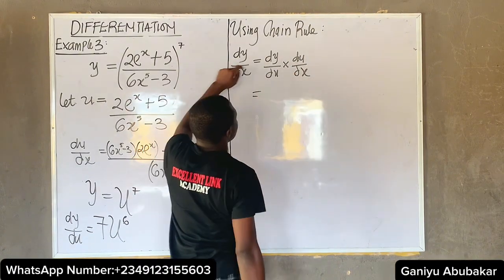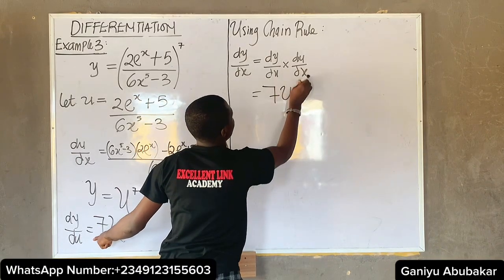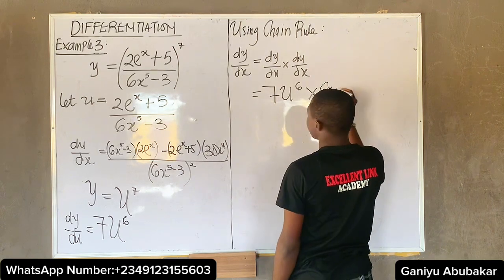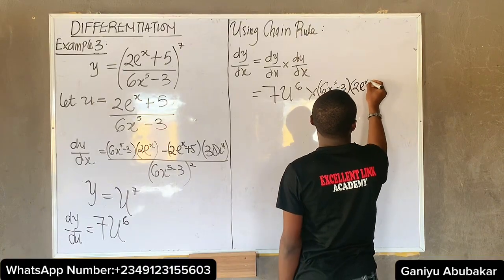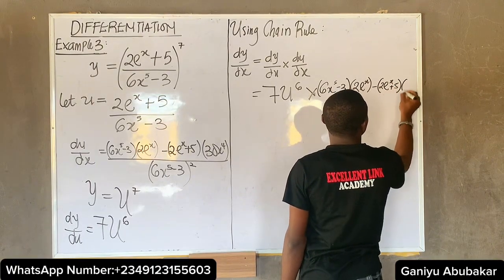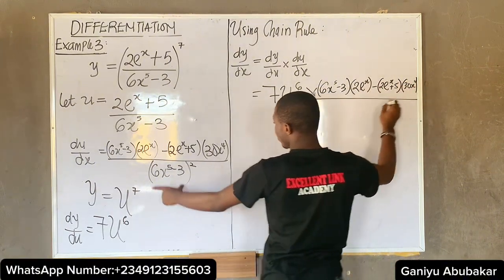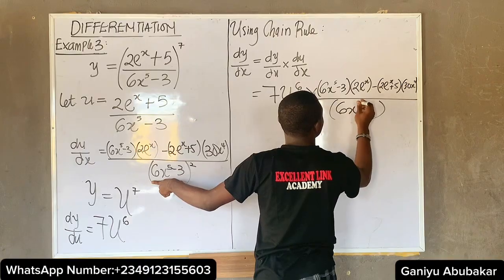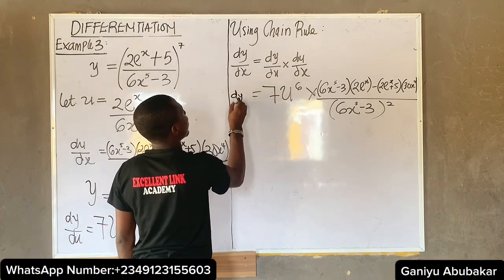This is now equal to dy du, which is 7u to the power 6, times du dx, which is everything here. So I have 6x to the power 5 minus 3 into 2 exponential x minus 2 exponential x plus 5 into 30x to the power 4 all over 6x to the power 5 minus 3 squared. So I have this.